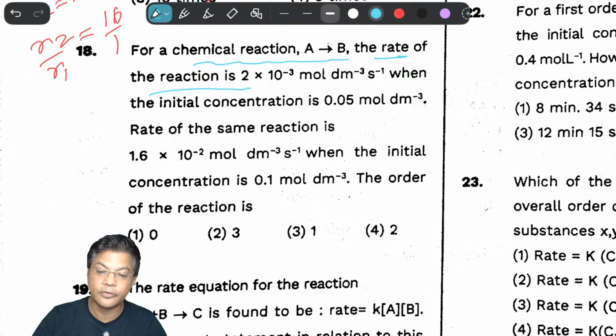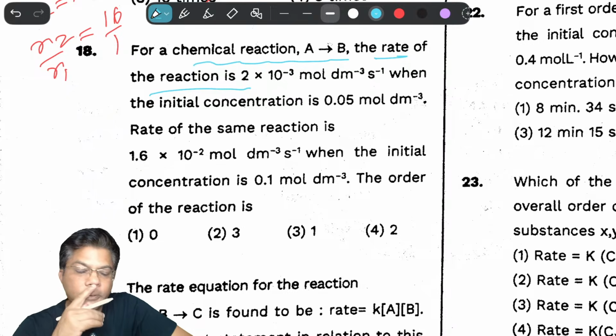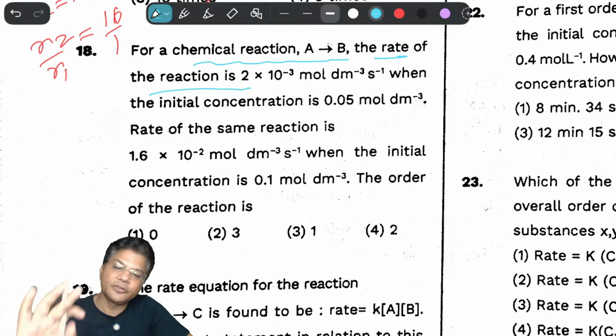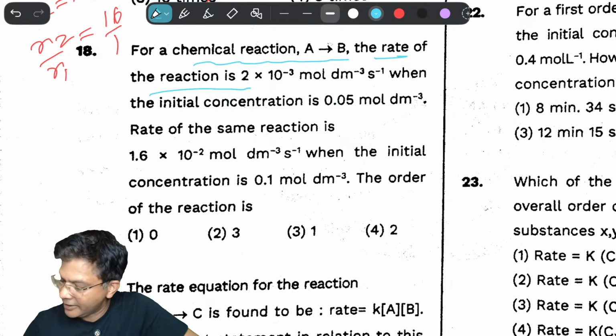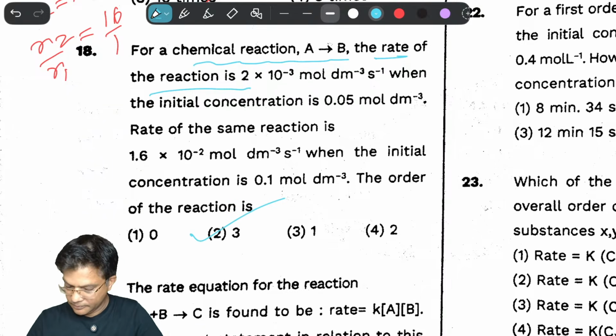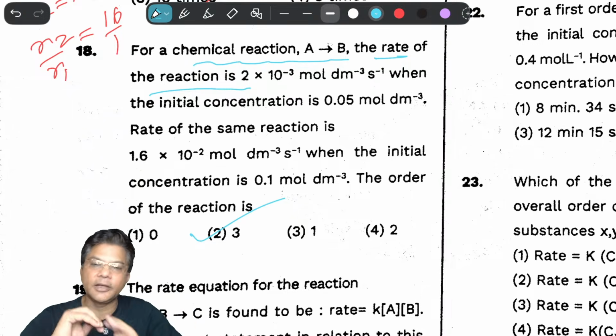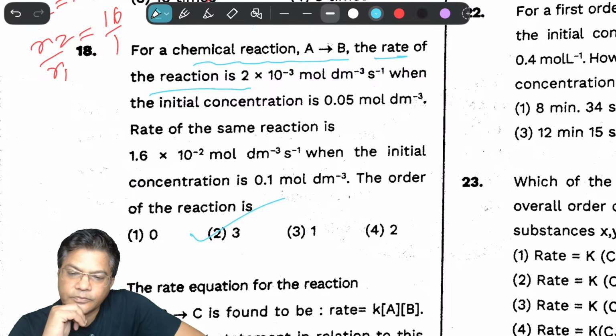How to do it? You have got it, but how to do it? That's a tough question. Your answer is absolutely correct. Second is the correct answer. But how have you done it? Those who are not able to understand, tell me how to do it.